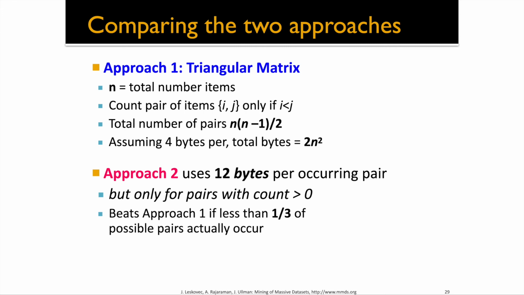In contrast, for approach 2, where we're doing 12 bytes per pair, but only for pairs that we actually see, then as long as we see 1/3 or fewer of the possible pairs, so if only 1/3 of those pairs occur in our data set or our list of baskets, then approach 2 is much better than approach 1.